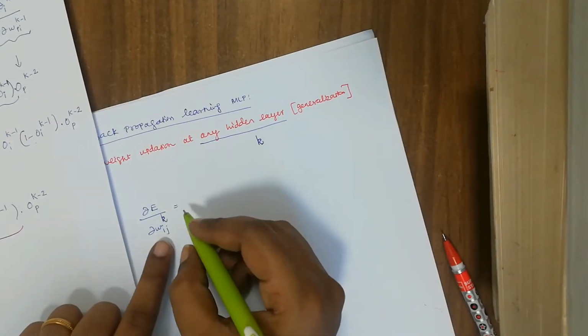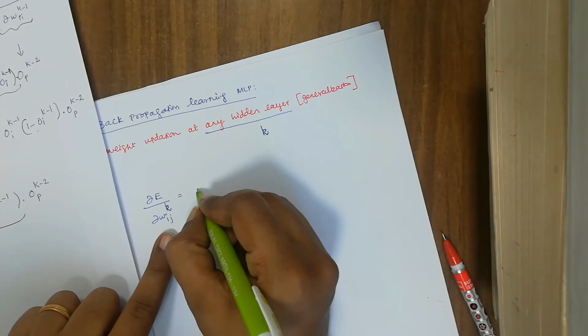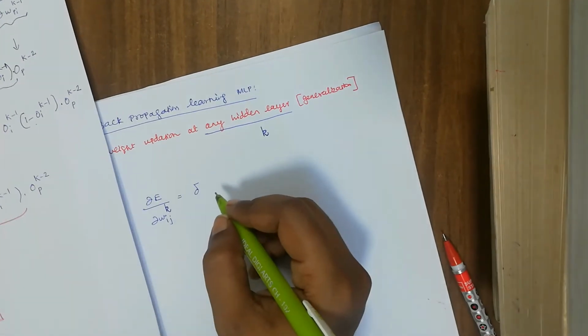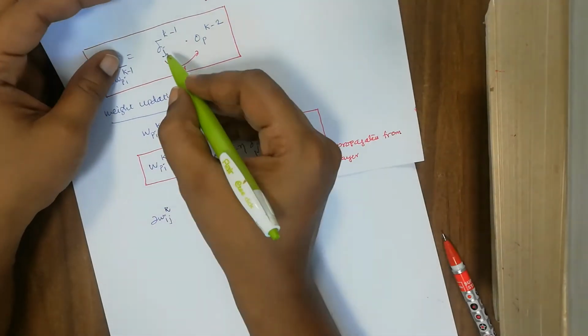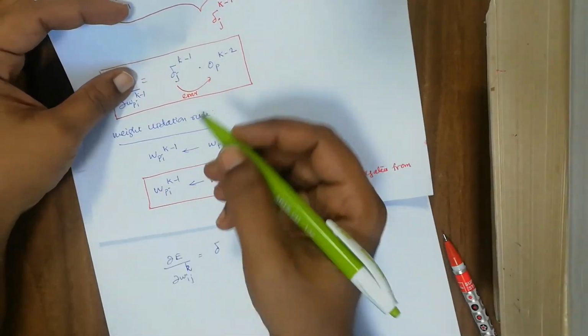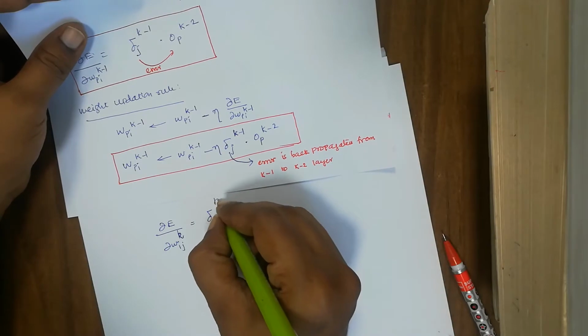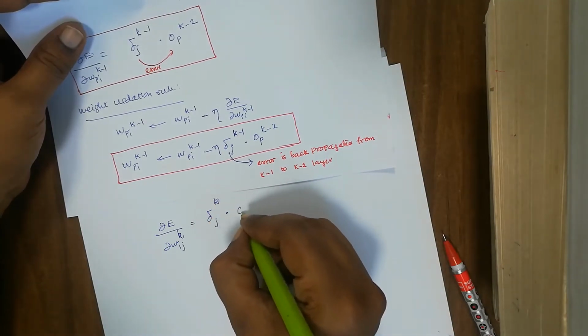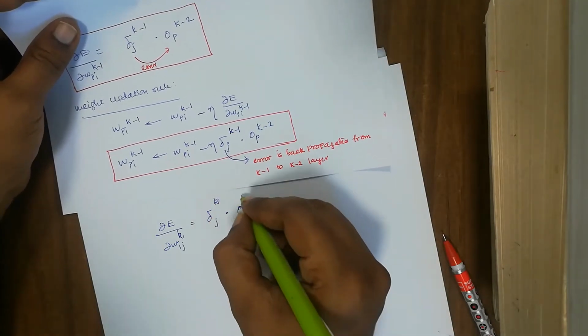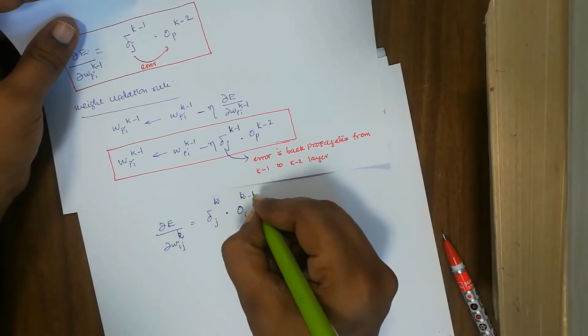Let me denote by Wij. I can write this as del j k, multiplied by the output oi k minus 1.